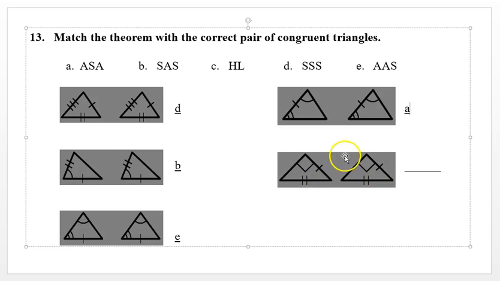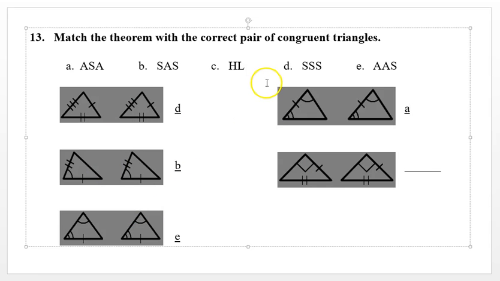Now this last one here, it is the one that has a right angle in it. And just to make sure you're paying attention for this one, I am going to tell you that there's going to be other triangles in here on your test that have right angles in it.